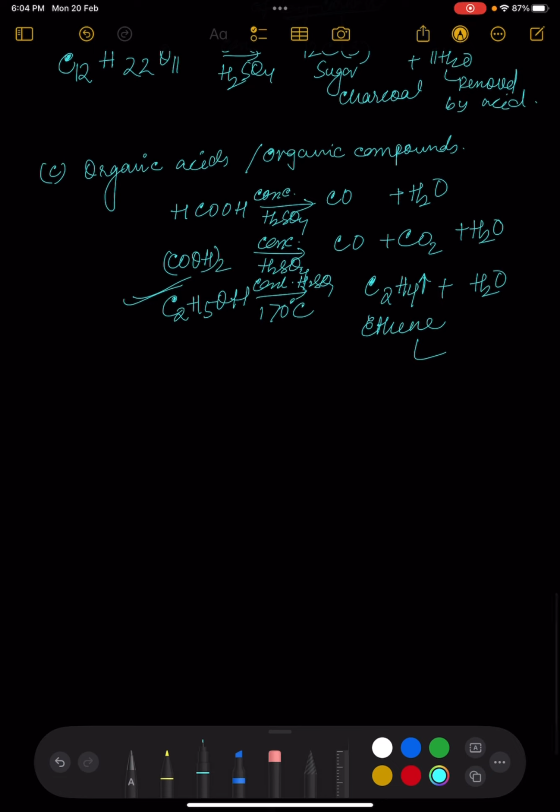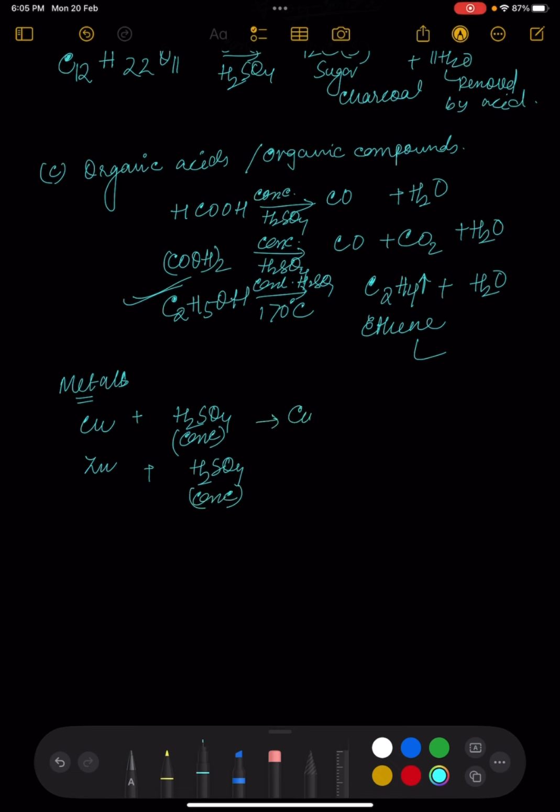Then again when metals like copper and Zn, that is zinc, react with concentrated acids, they react with H2SO4, and this time we have taken concentrated H2SO4. So these are also acidic properties of H2SO4.